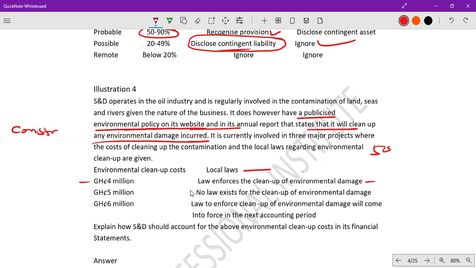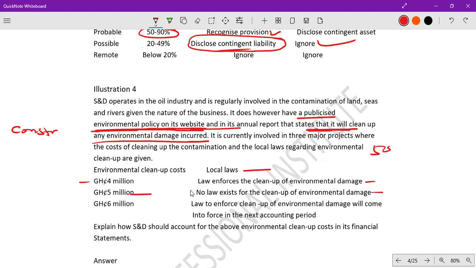The second one is 5 million, and the information is that no law exists for the cleanup of environmental damage. Should we recognize the 5 million? Yes, because it's on the website. We need to recognize it because of this constructive obligation.